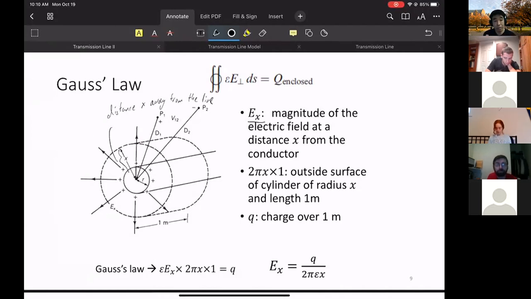I want to know how much field I measure when I move a distance x away from this line.